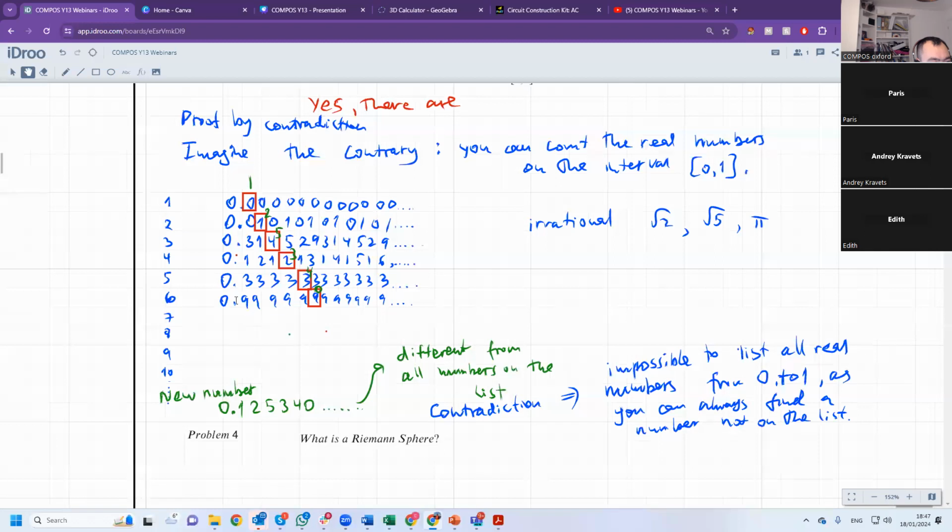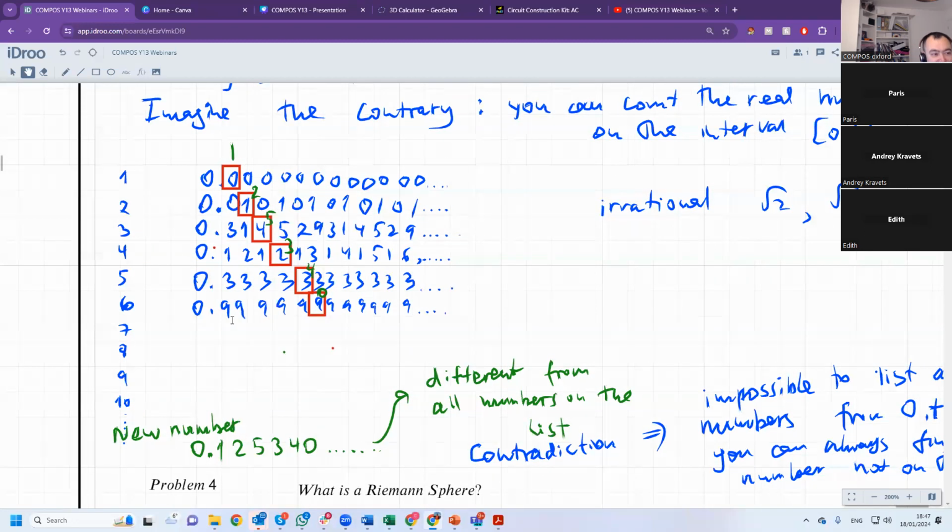So once again, I know it's tough. It's a tough one. So I have a list of numbers, and I say I'm going to write a new number, and to do this, I take the first digit of the first number, but I'm changing it by 1.